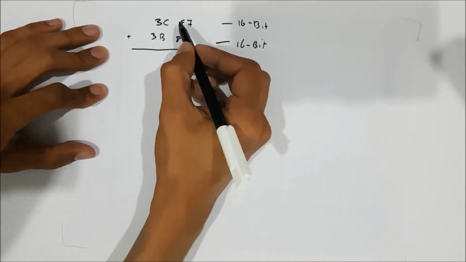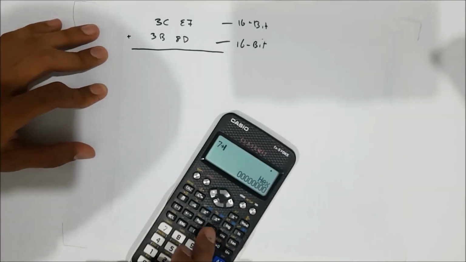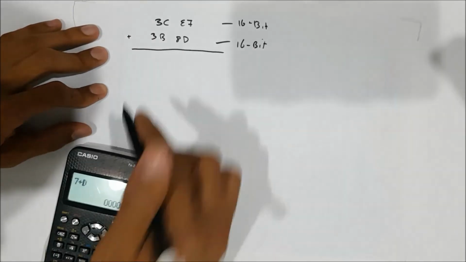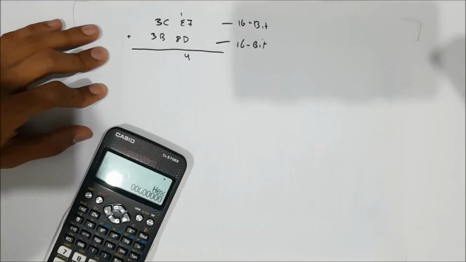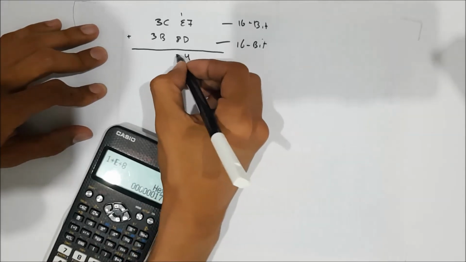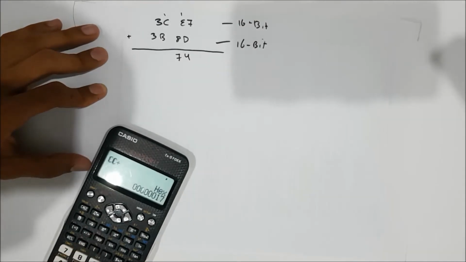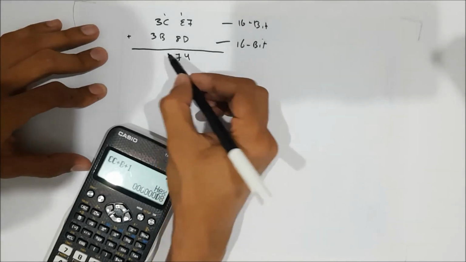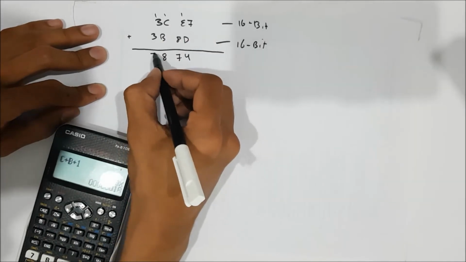So how to add these numbers? 7 plus D is equal to 14. So that will be 4 and 1. Then we have 1 plus E plus 8, that will be equal to 17. So that is 7 and 1. Then we have C plus B plus 1, that will be equal to 18. So that will be 8 and 1, and that will be 7.